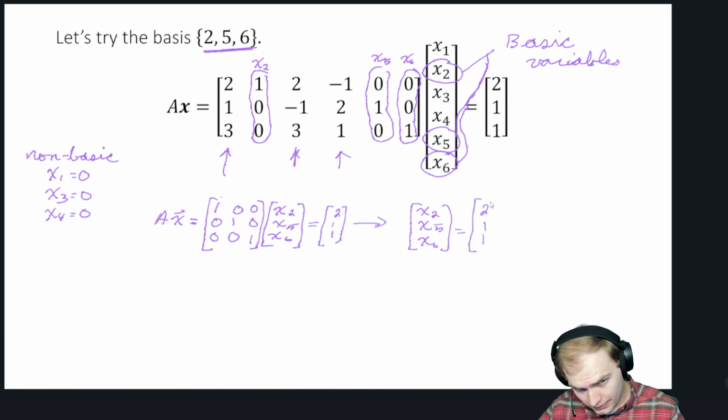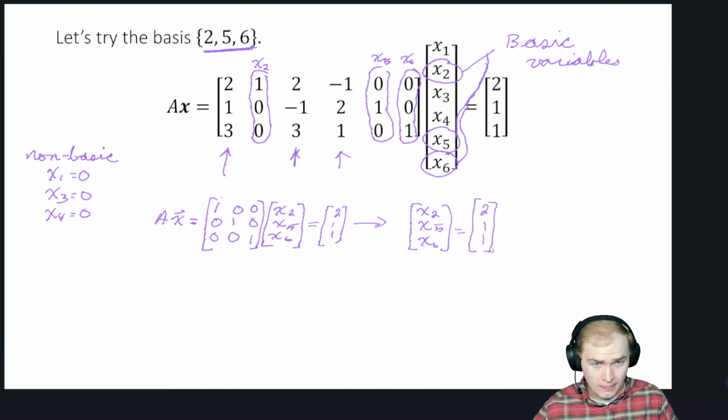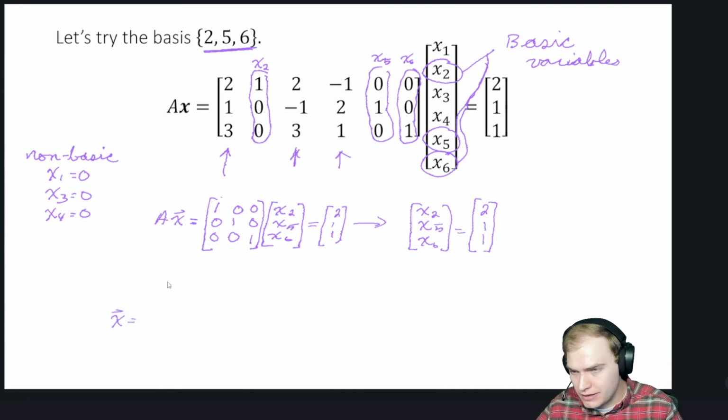And we're left with just x2, x5, x6 equals 2, 1, 1, which means that our basic solution x is 0, 2, 0, 0, 1, 1.